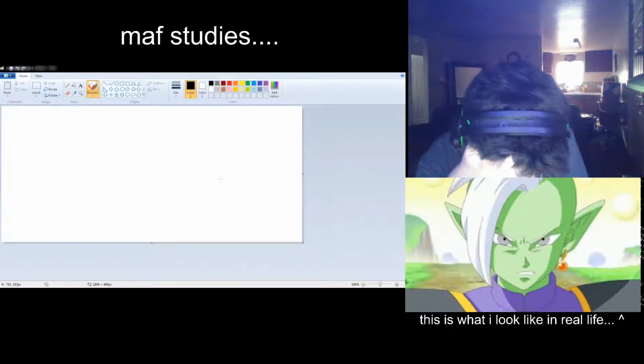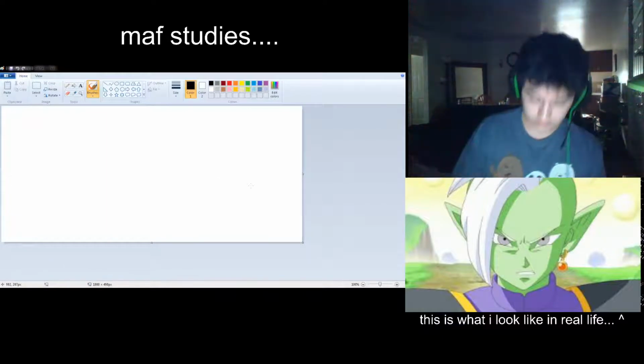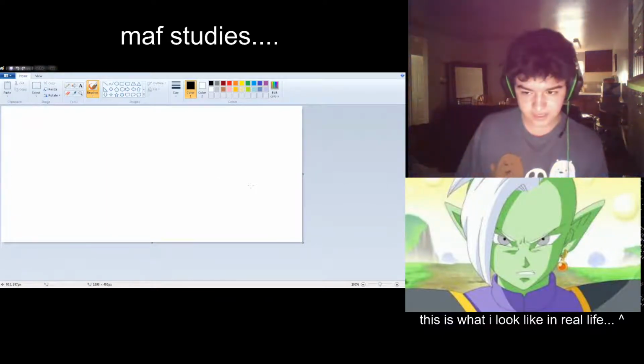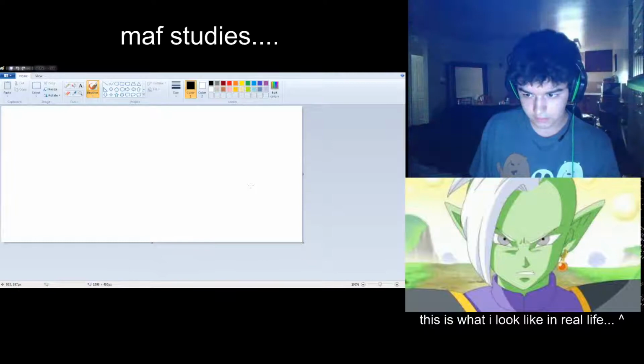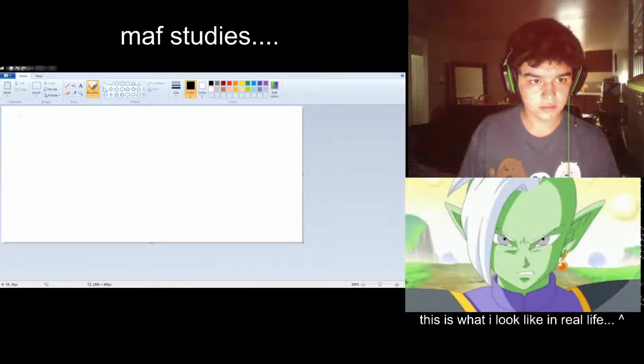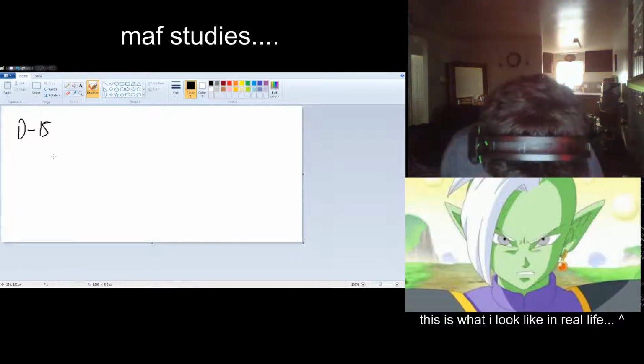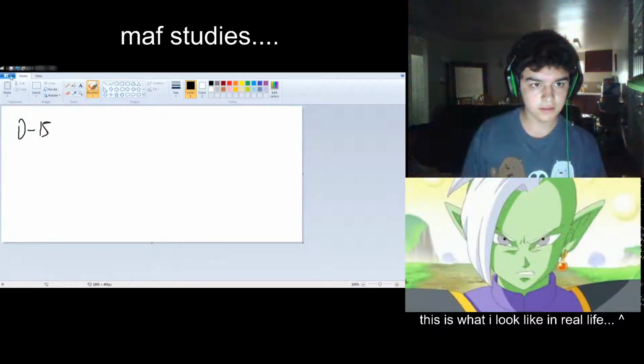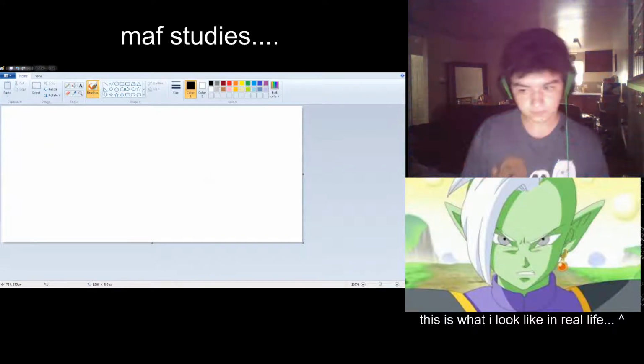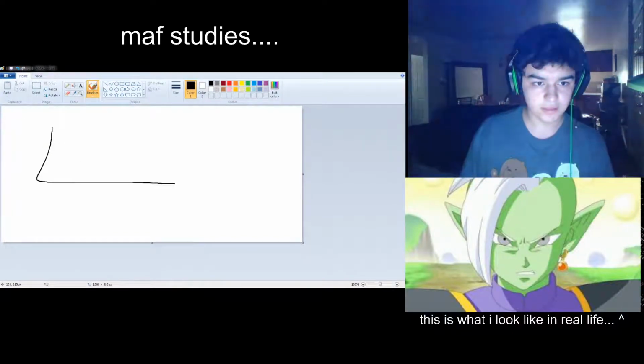So what we're trying to figure out is that it puts it in the sense of if it has 0 to 15 students. Hold on, this is a weird graph, but it makes sense, I guess.